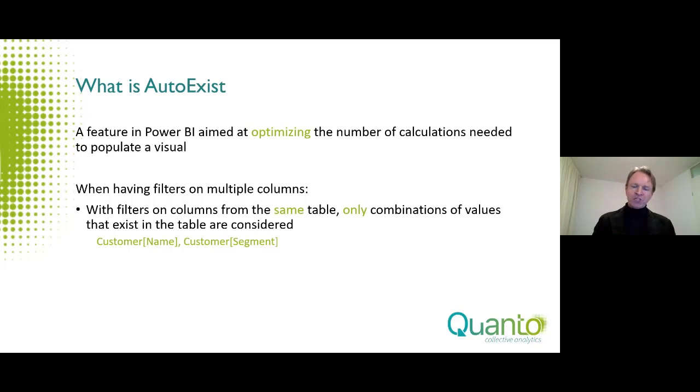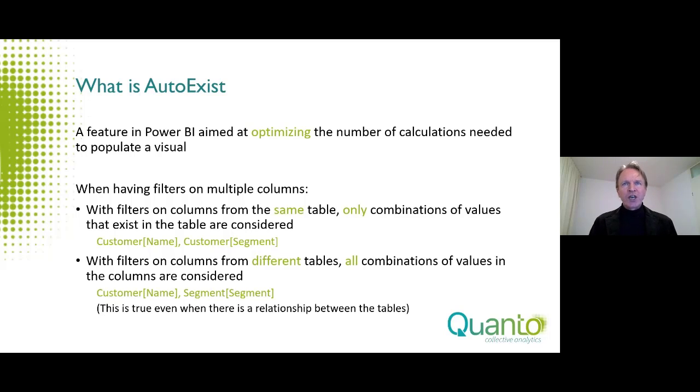So that is what AutoExist does. On the other hand, if you use columns from different tables, it works in a different way. Then Power BI will evaluate every combination of values in these columns.